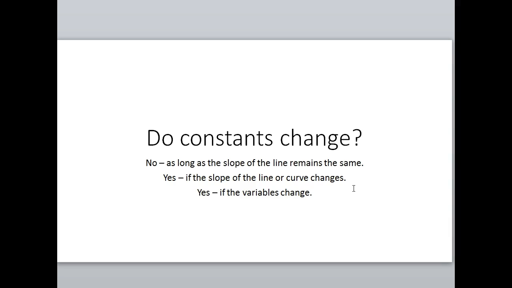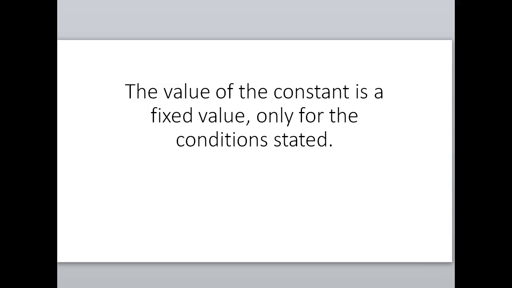So does the constant change? Yes and no. The value of a constant is a fixed value only for the conditions stated. Okay, so the value is fixed, but it's only for the conditions that are stated. In other words, once the conditions are set, are stable, or unmoved, then the constant does not change.